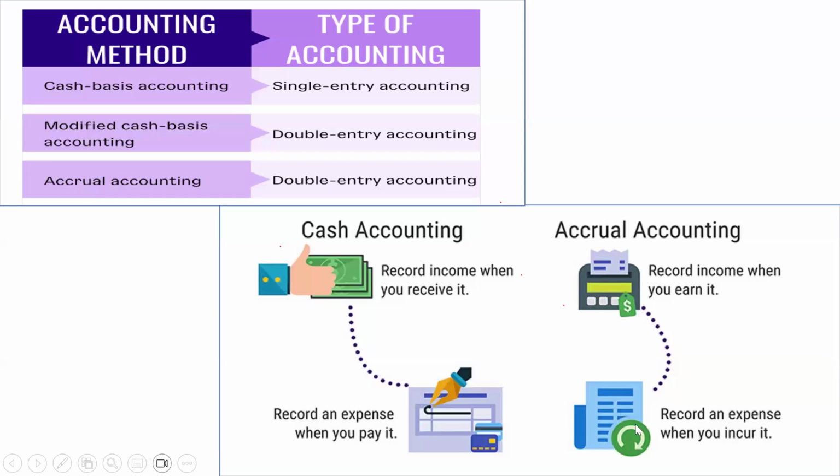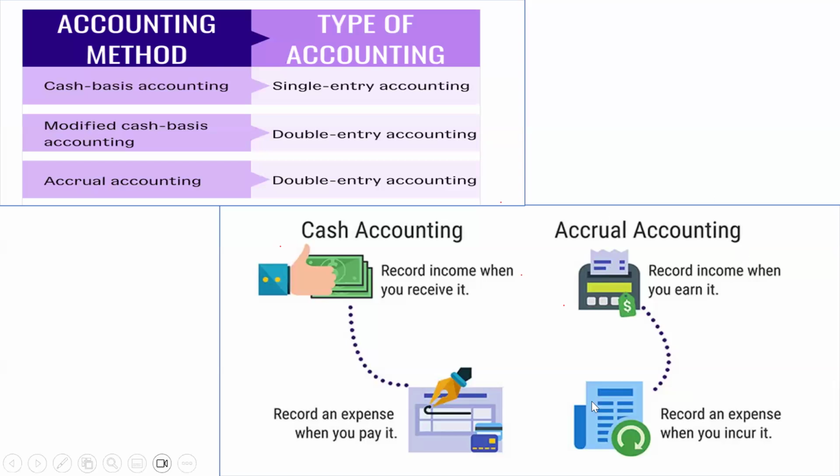So here, immediately we are not receiving the money, but the transaction has been done in April. Maybe the payment or receipt happens in May, but since the transaction was done in April, we record it in April, and the same expense or income is considered for the month of April.